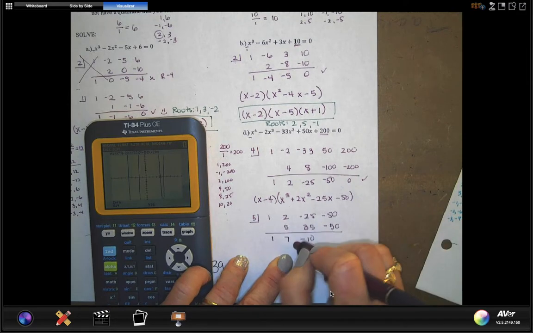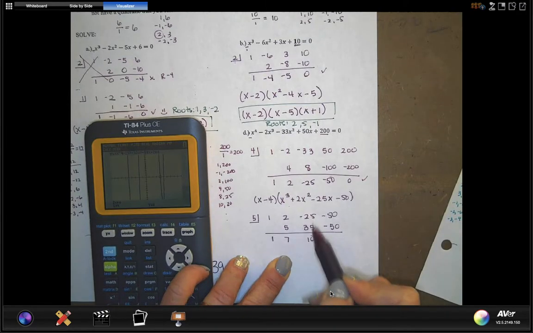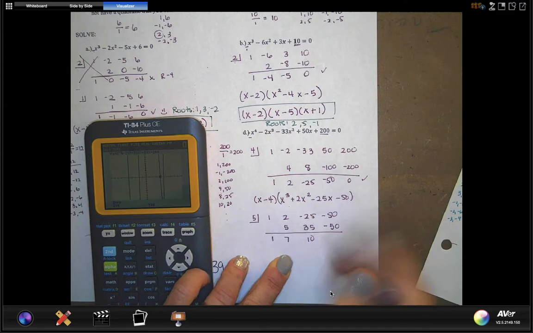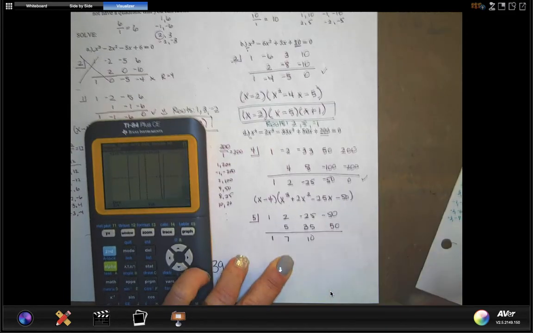This is positive 10 here, that's what I did wrong. So negative 25 plus 35 is positive 10. So 5 times this is positive 50. So then we get 0.